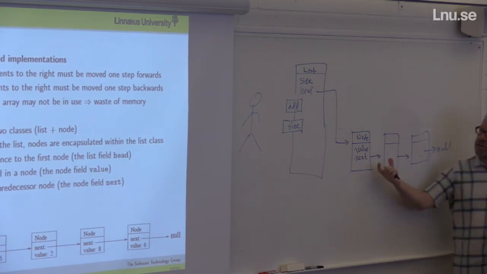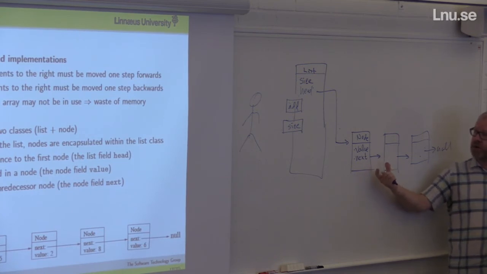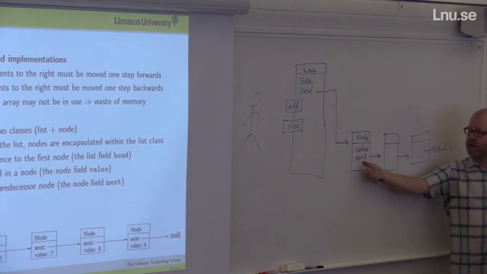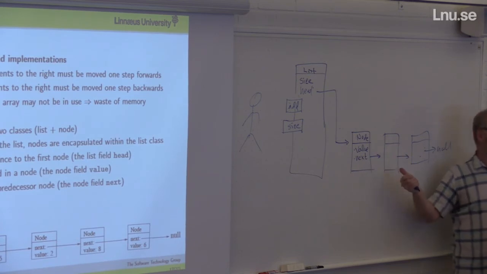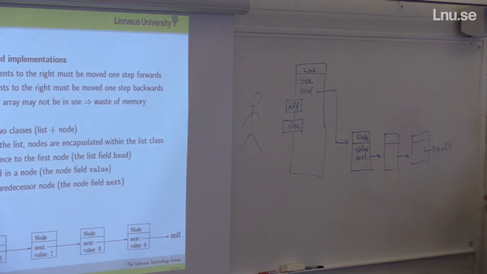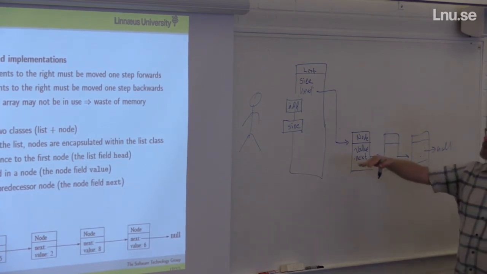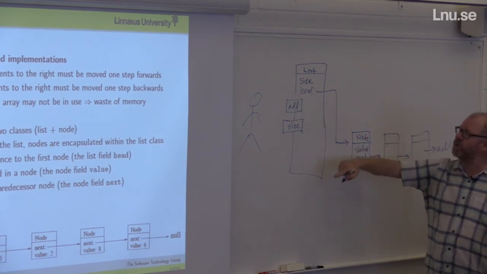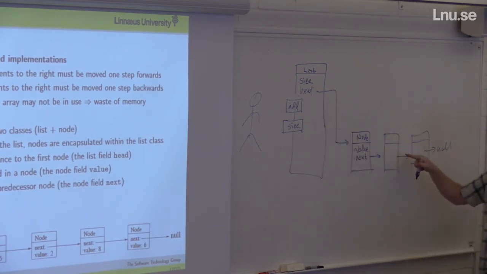So we are storing the data in a chain of nodes, and the node class keeps a value and it knows about the next node in this chain. So every time I do some operation, add and remove, I'm locating something and I do some manipulations of this chain.